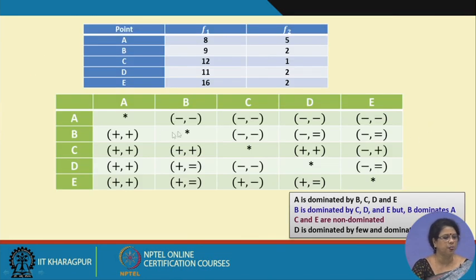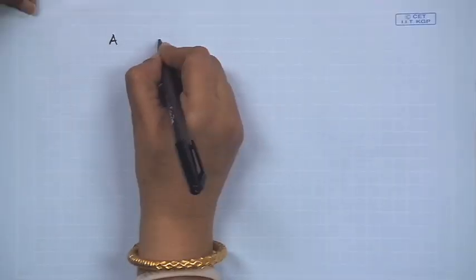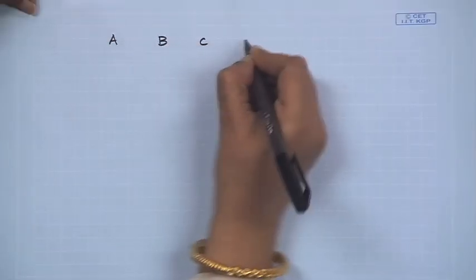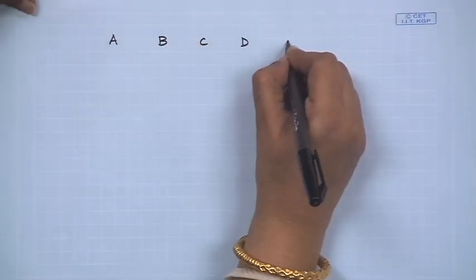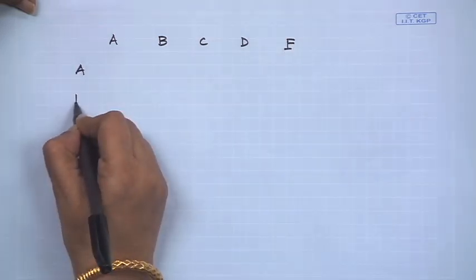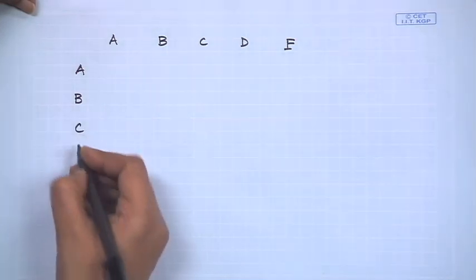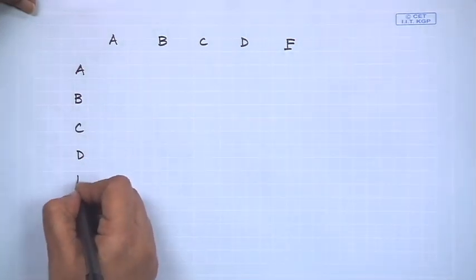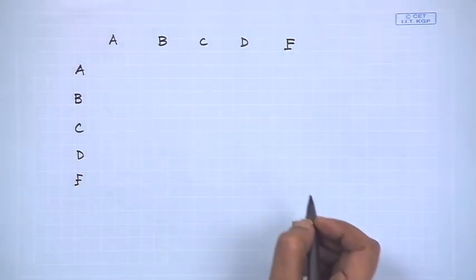Now, what do we do? We just prepare the table in this way. I will prepare the table for you, then I will explain the thing in detail. Now, you see we are having 5 options A, B, C, D, E. Similarly, A, B, C, D and E. What have we targeted?